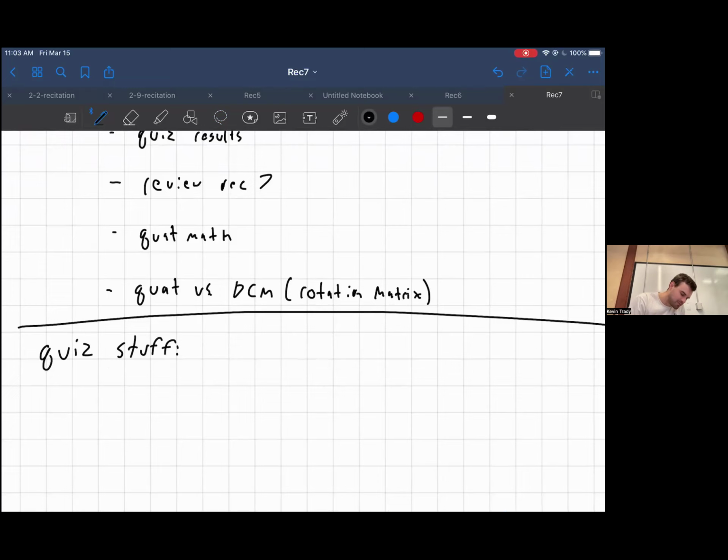A lot of the people's issues with the quiz come down to how well you understood the capabilities, limitations, and expectations when we use a non-convex solver like SNOPT or IPOPT.